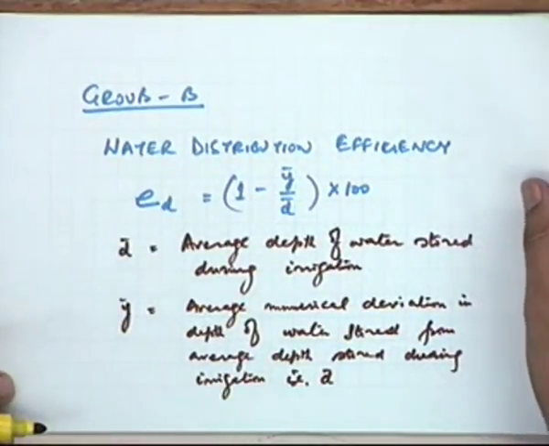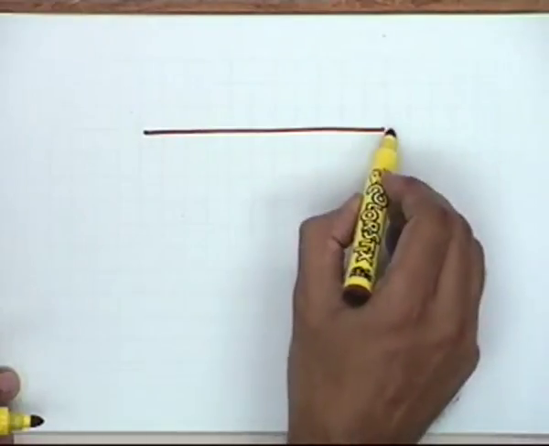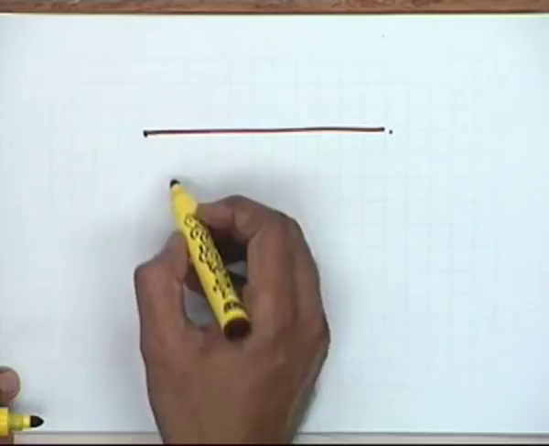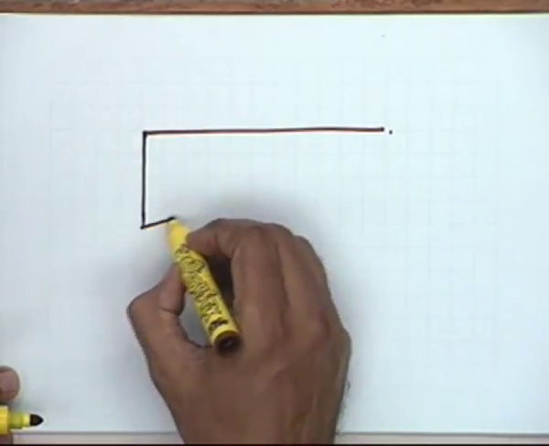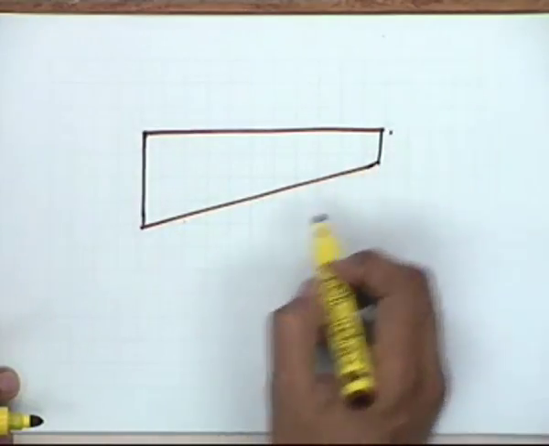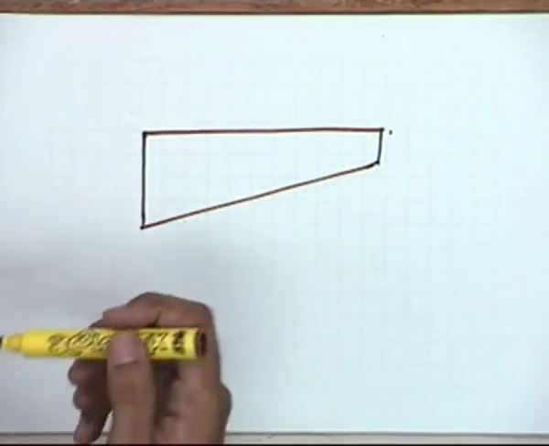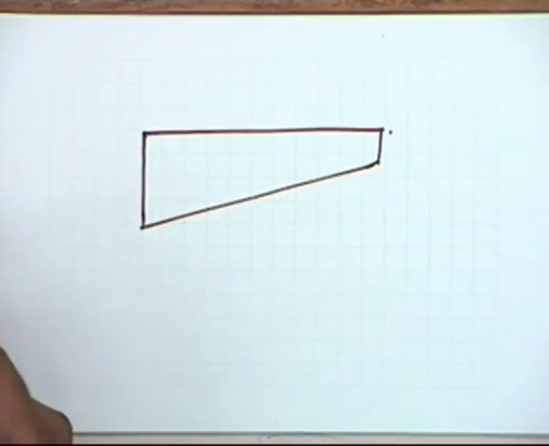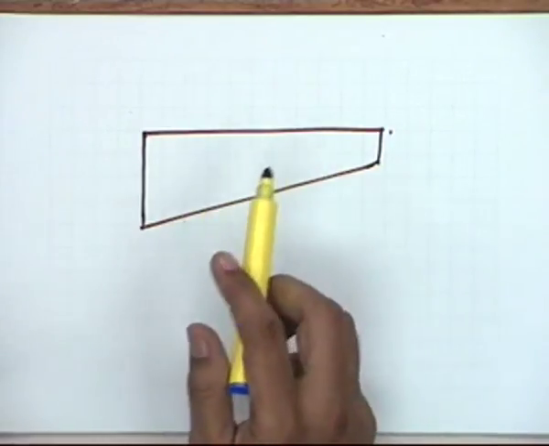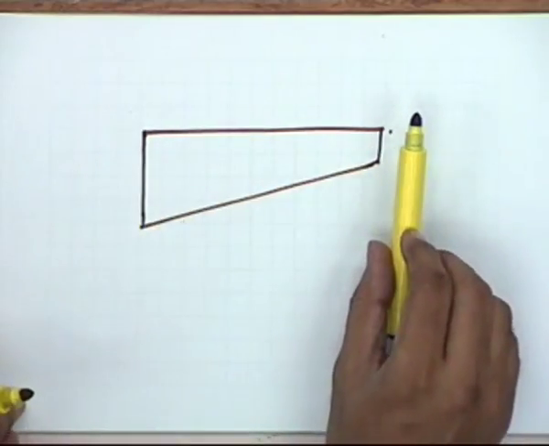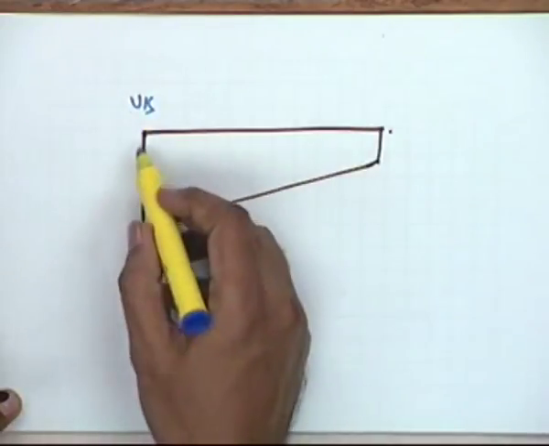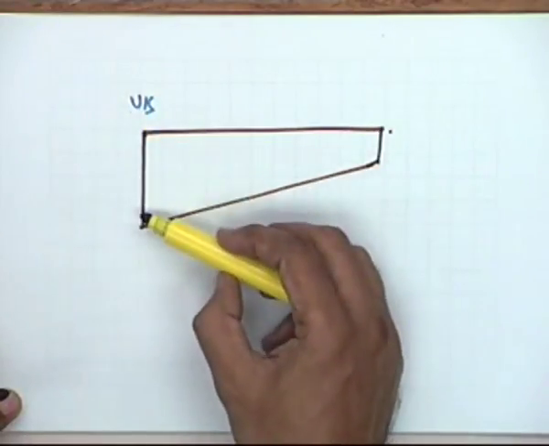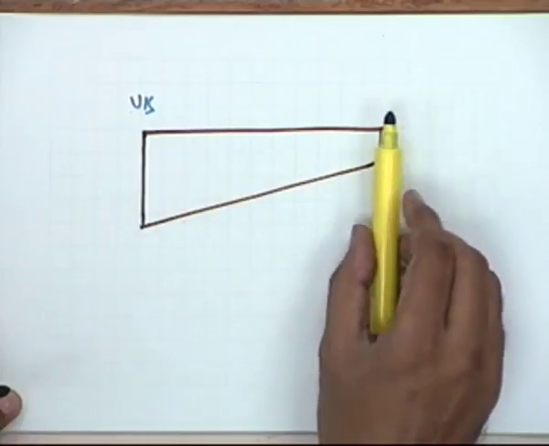Let us look at this in terms of, suppose, the depth of application. This is the way the depth has been applied, because in a normal situation, whenever you use gravity irrigation methods, you will find that the upstream gets comparatively higher moisture than the downstream areas.